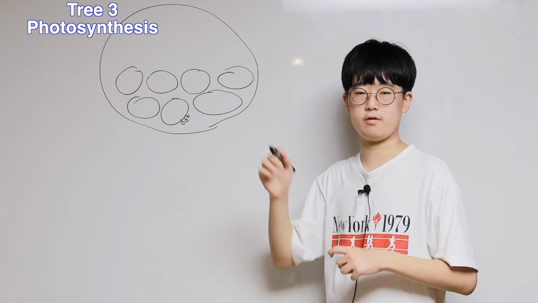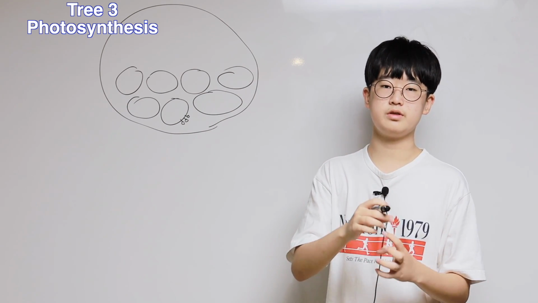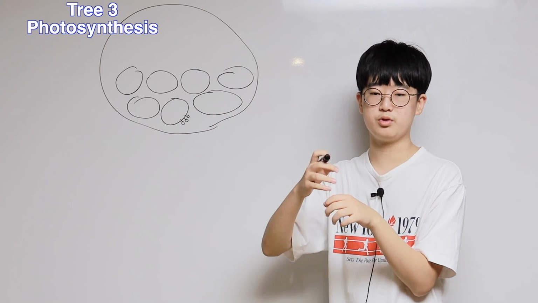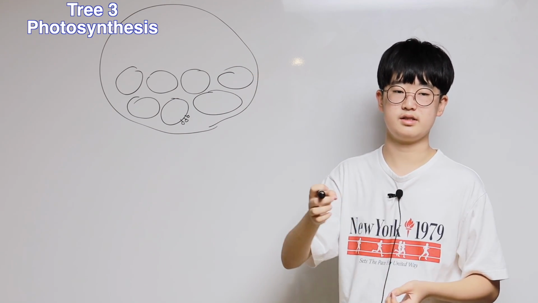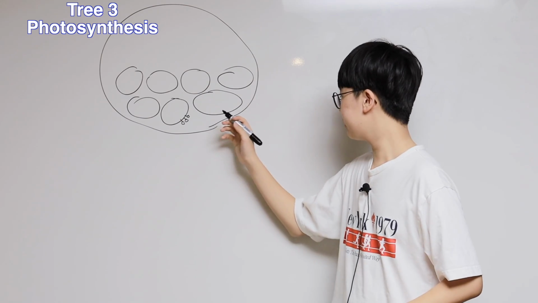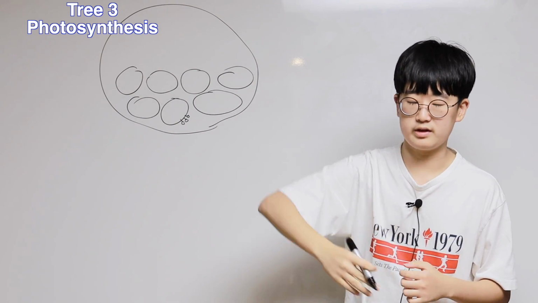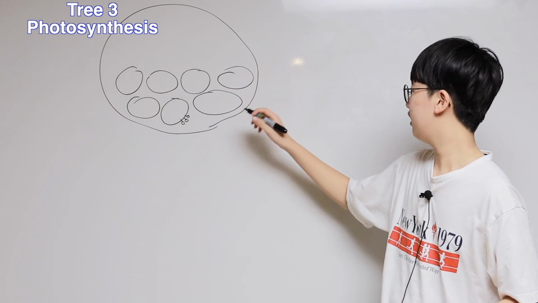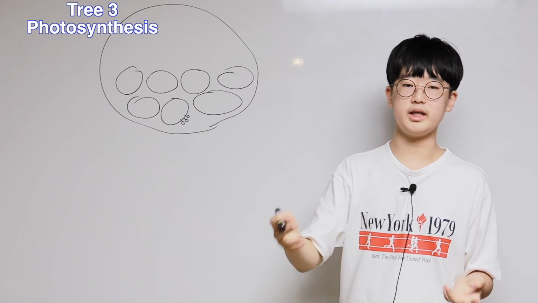And those chlorophylls are green. They don't use the green wavelength light to take energy from the sunlight. So they just make it ricochet off themselves, and that's why the chlorophylls look green.